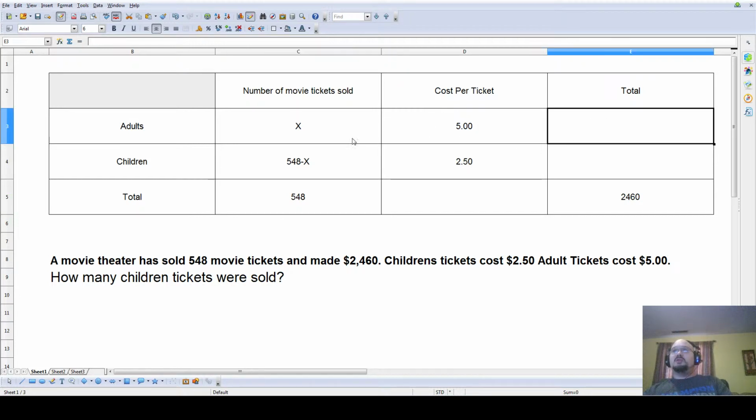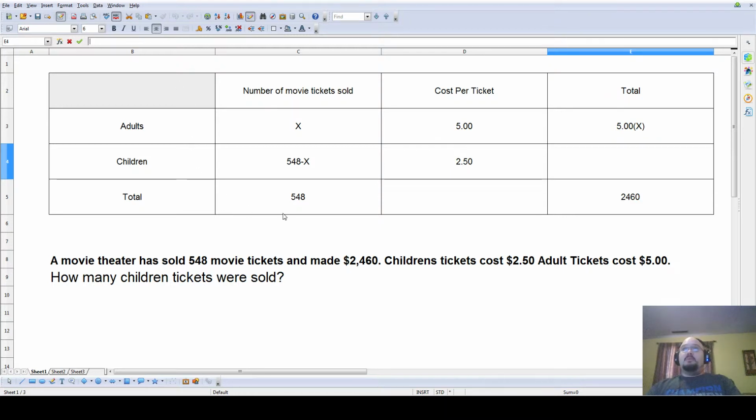So for our total box, we're going to multiply this across. So this is going to be $5 times x. And I like to put things in parentheses because we're combining them. In this case, the parentheses are going to end up going away. It's just going to become $5x, but that's just the way I always do it. I like to keep everything separate in the beginning.